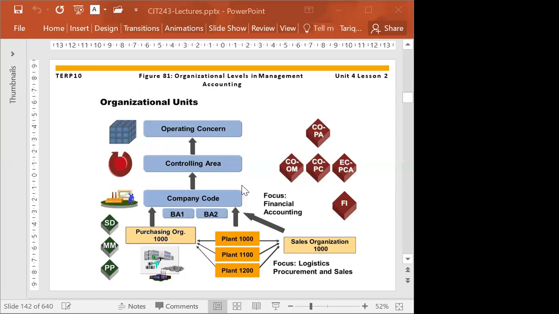We have 2 company codes, and both of them are selling motorbikes and cars. I just want to see business area motorbike for this company code and for the other company code. So I can use this one because it will cover both company codes. The business area covers both company codes because it belongs to managerial accounting.